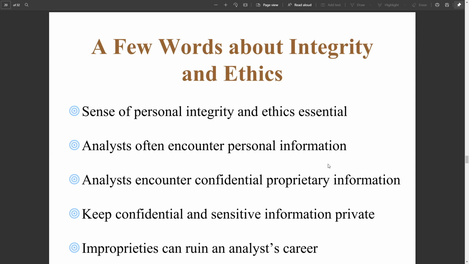And they must keep confidential and sensitive information private. Kahit isang mag-leak dyan, patay ang career mo. Kahit isa lang. Isang leak, isang breach, and no one would hire you ever again. And yan, that's what we need to prevent.